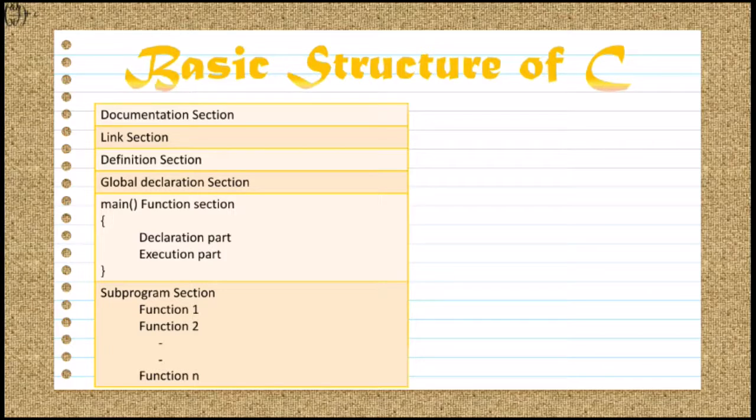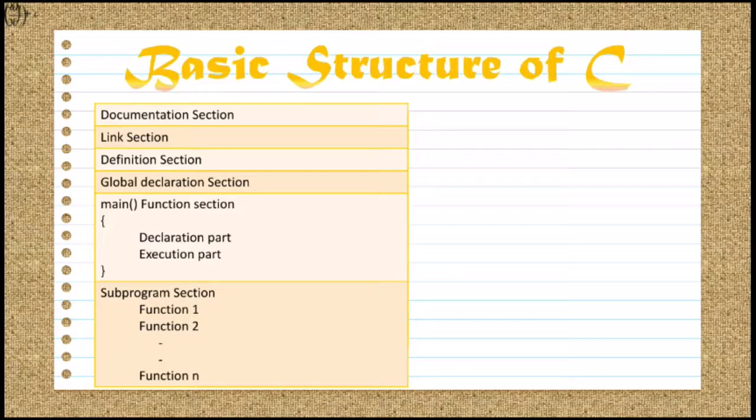Next one is definition section. The definition section defines all symbolic constants. So suppose if you want to declare a value of particular variable as constant, that means that value cannot be changed in whole program.